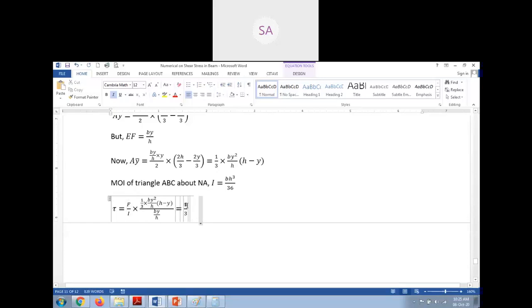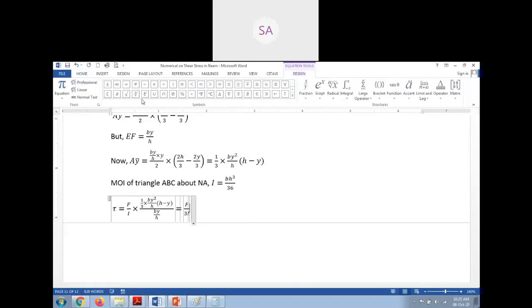Or I can write it as F by 3I, that is better, into y square, right? And in the denominator also I have y. So this b gets cancelled, and one of the y also gets cancelled. So what remains is y there, right?